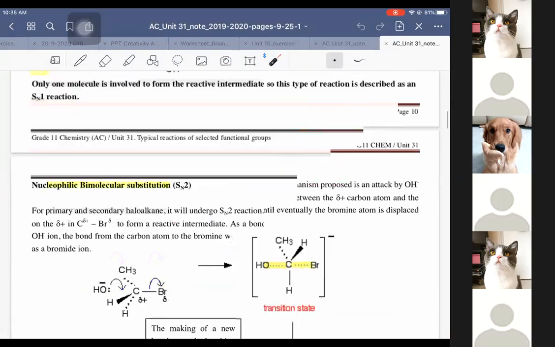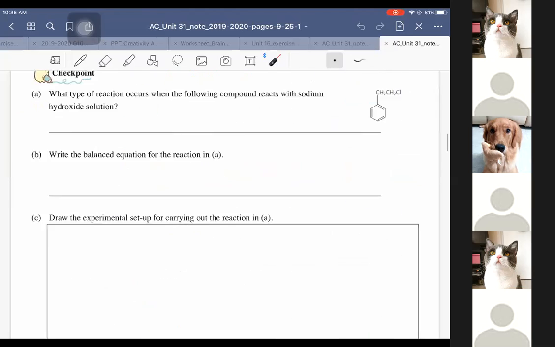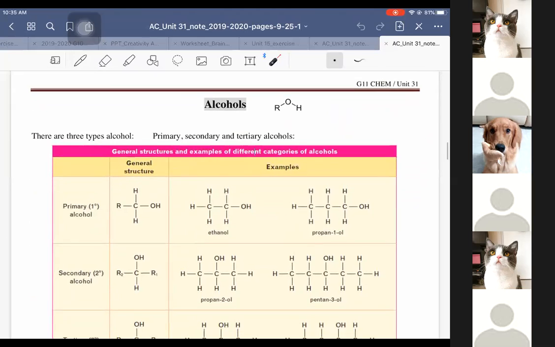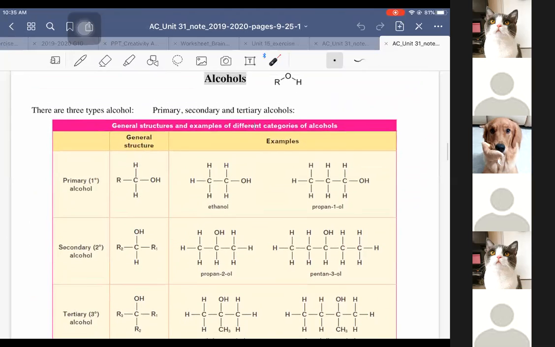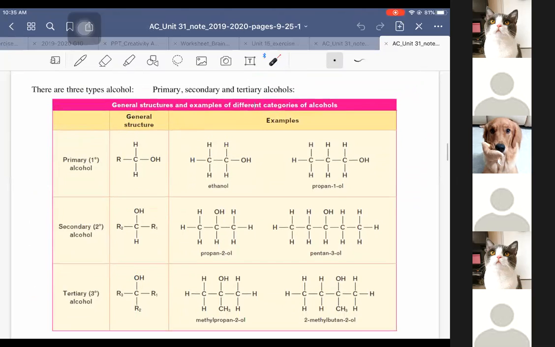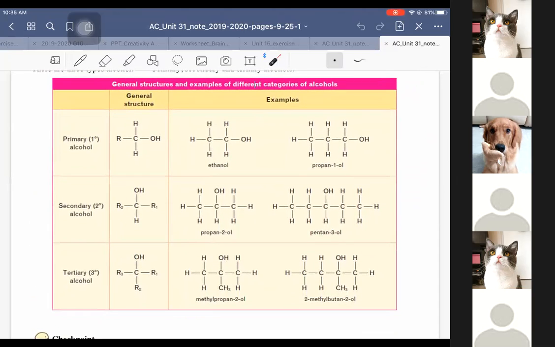So today we're going to see something similar to that, and we're going to move on to the reactions related to alcohol. First, similarly, we can separate alcohol into different categories: primary alcohol, secondary alcohol, and tertiary alcohol. It depends on the position of the hydroxyl group.